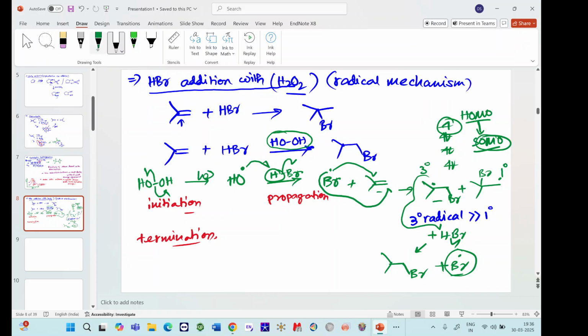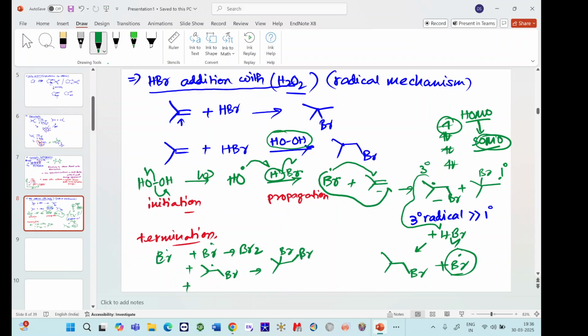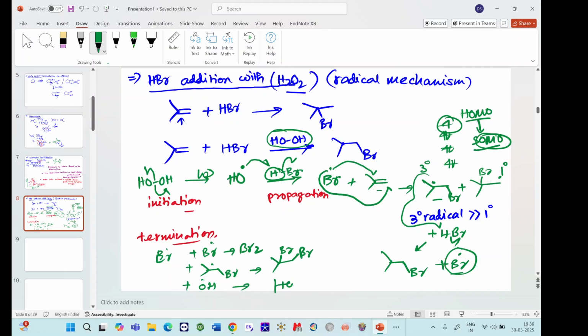Okay, two radicals can combine, so maybe you have Br dot, so it can react with another Br dot to form Br2, or it can react with this radical to form a dibromo product, right? It can also react with the which, and it can form HOBr. Okay, so many things can be possible. These are all side products, but this will be the major.